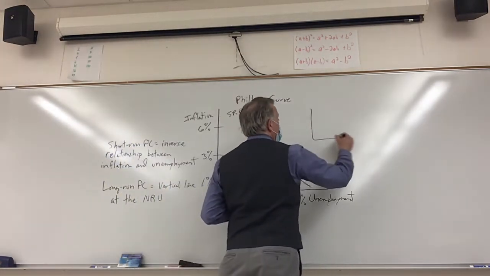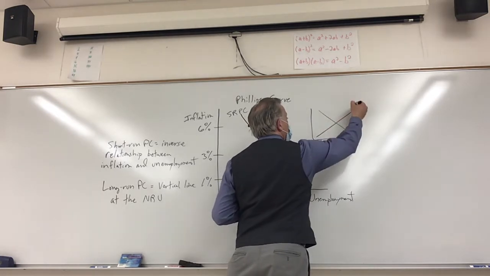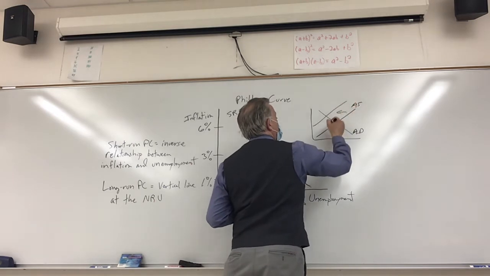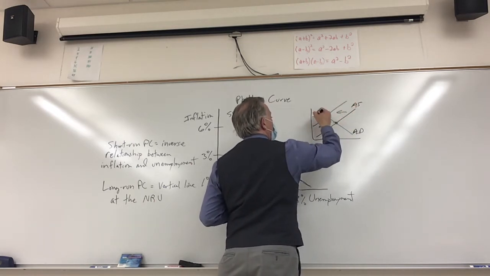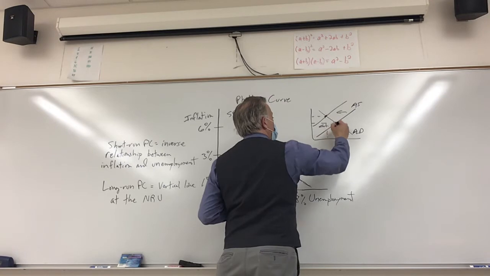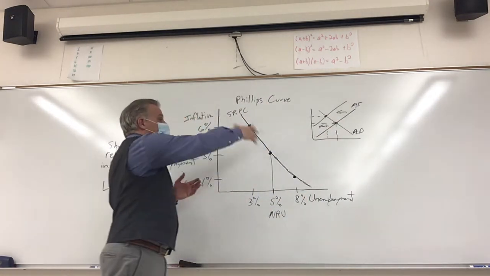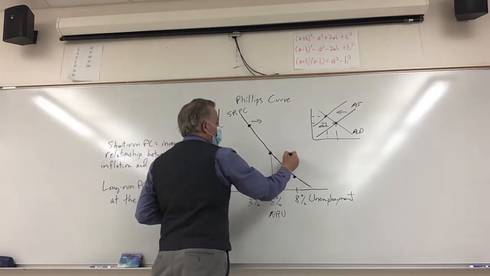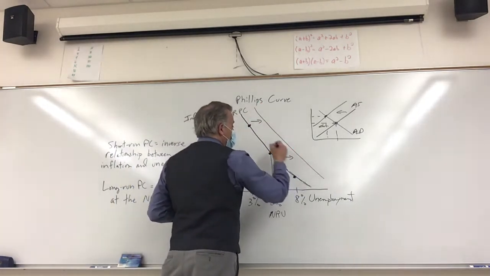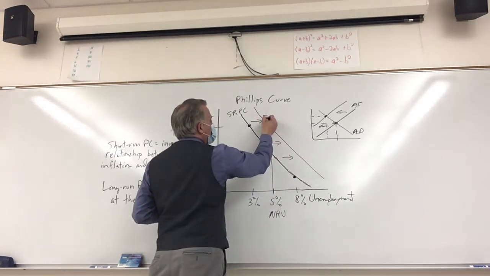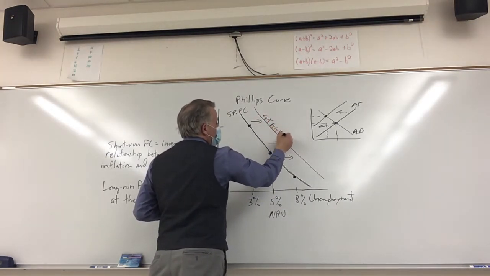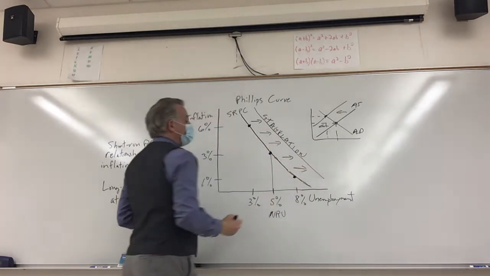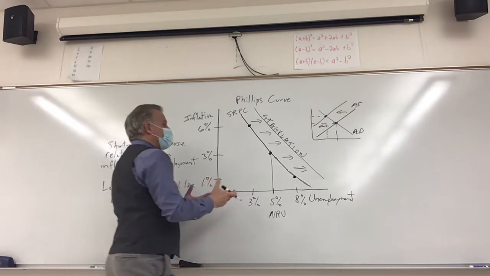If we take a look at the ASAD graph here, a decrease in aggregate supply is going to lead to a higher price level and higher unemployment. Well, that's not represented on this diagonal. So that is a shift in the short run Phillips curve. And we get stagflation coaster. Because to me, this looks like a little roller coaster with the tracks there. Okay, some people say it looks like a slide.